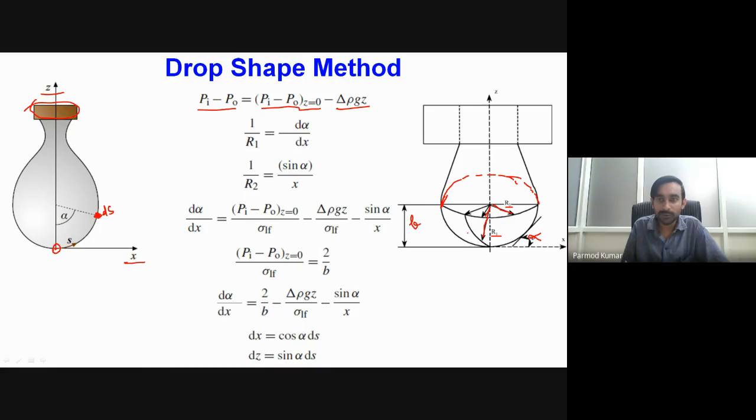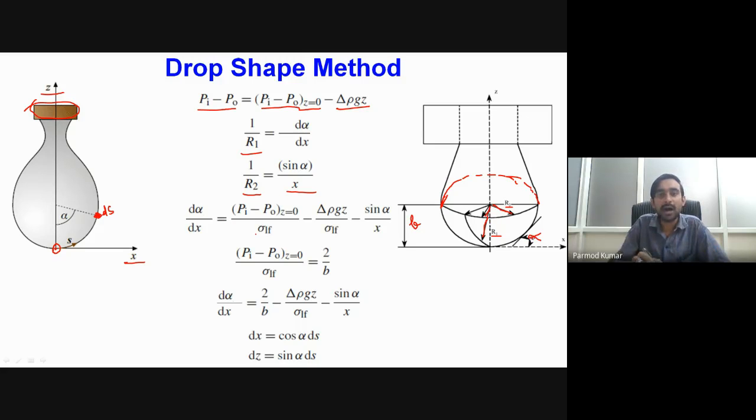If you apply some geometrical, trigonometric manipulations, you will find that 1 by R1, our curvature in one plane, becomes d alpha by dx, and the curvature in the other plane, 1 by R2, becomes sine alpha divided by x.